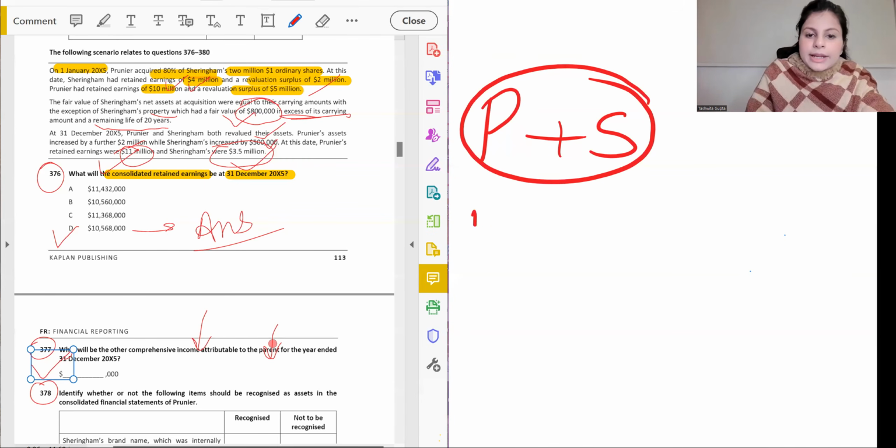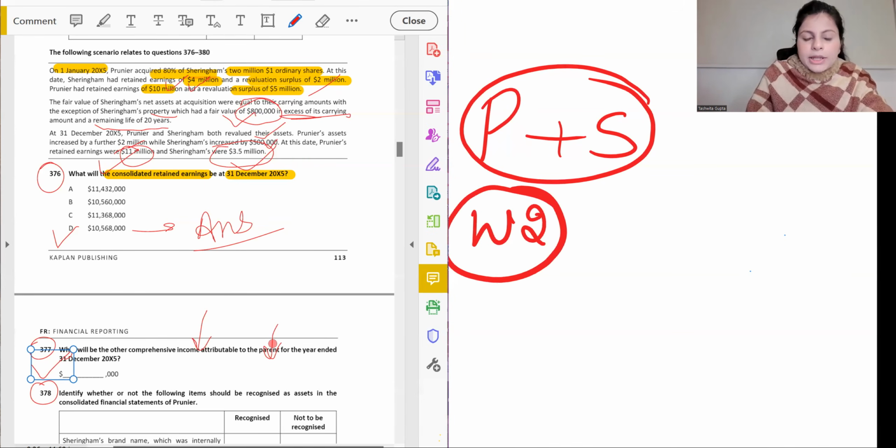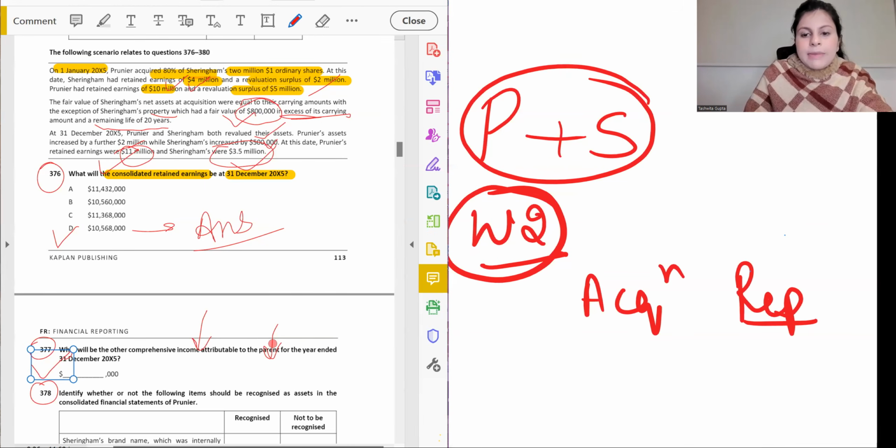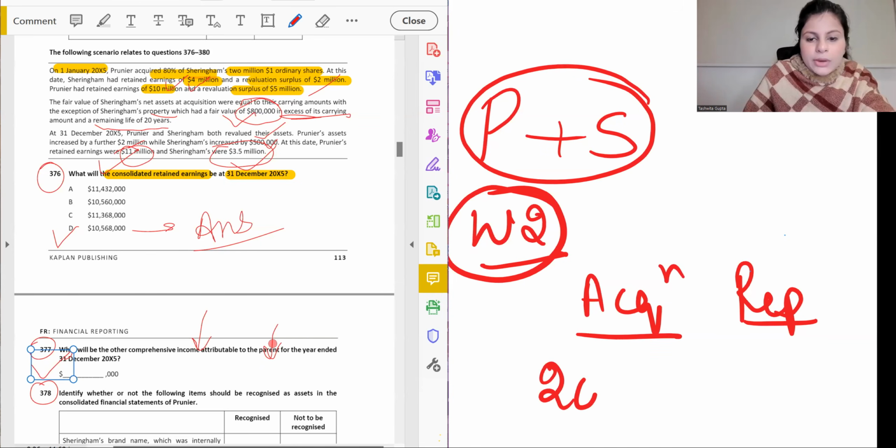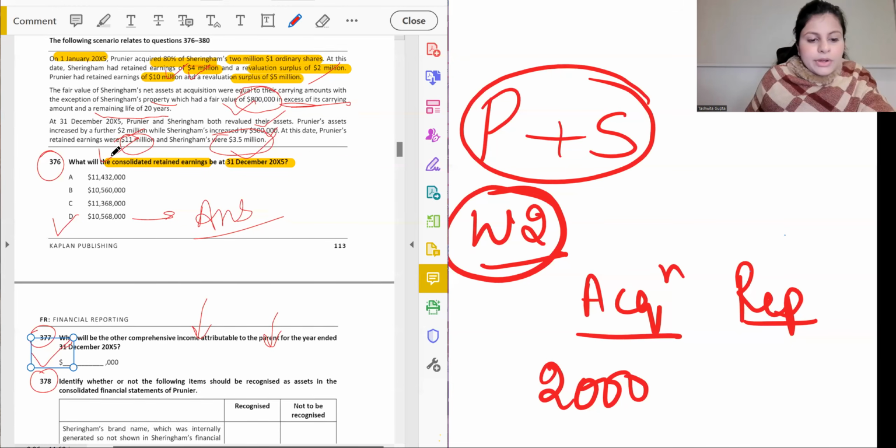At acquisition date, let's again prepare our working note number 2. At acquisition date and at reporting date, what was my revaluation surplus? My subsidiary's revaluation surplus at acquisition date was 2 million, that means 2,000. What was it at reporting date? Is it given to me?